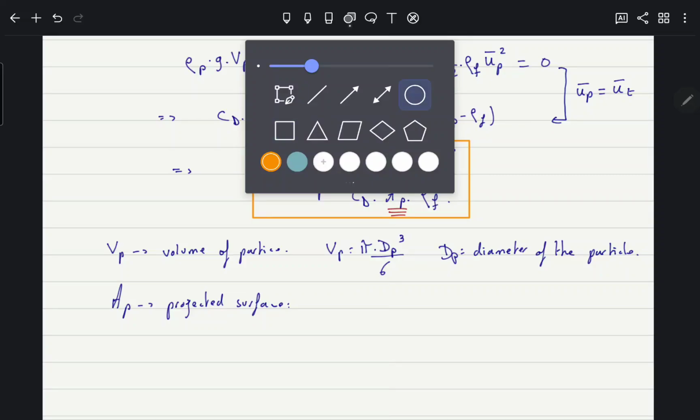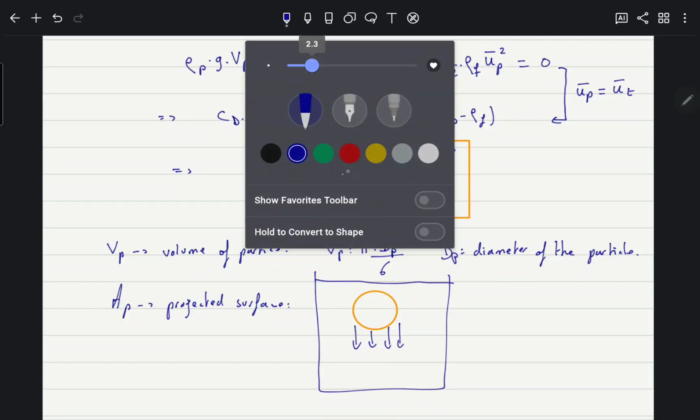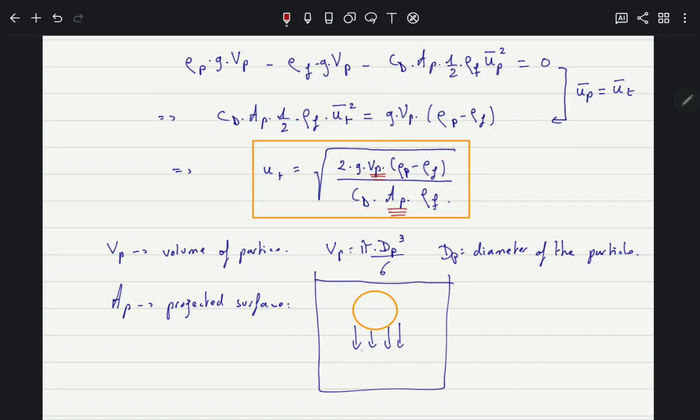Oops. Circle, okay. This is our particle, and it's falling in our tank.